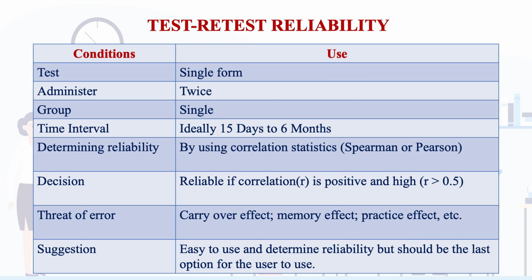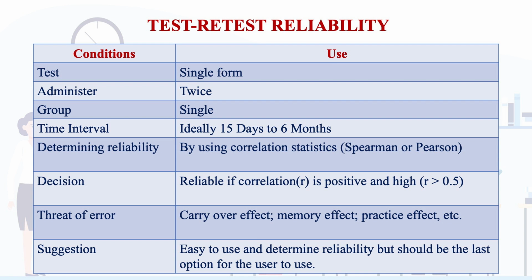And further, memory effect: in the first administration, if a student has done something wrong, he or she may do it right in the second administration, because the learner will practice. And practice effect means that in case the learners have done it wrong, they can practice it and make it right for the second administration.